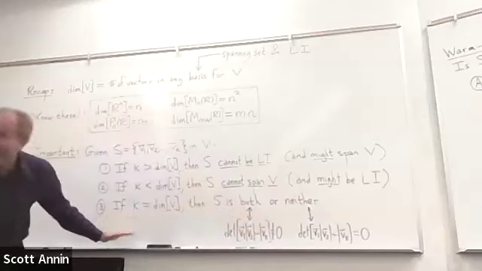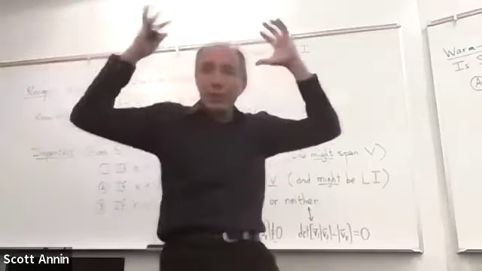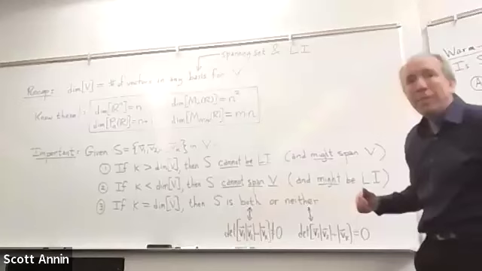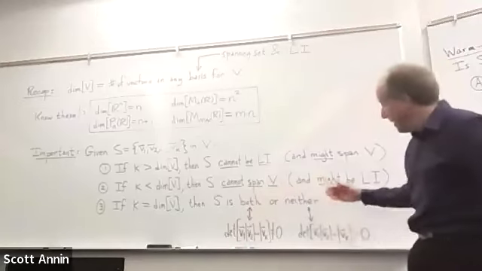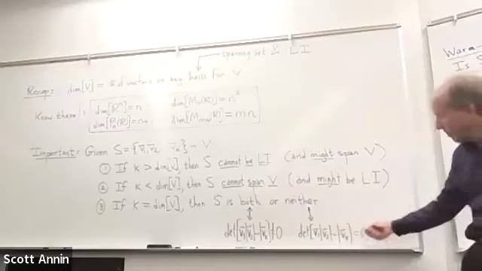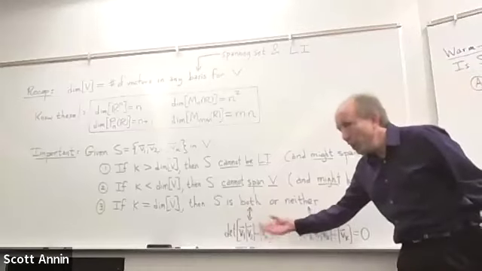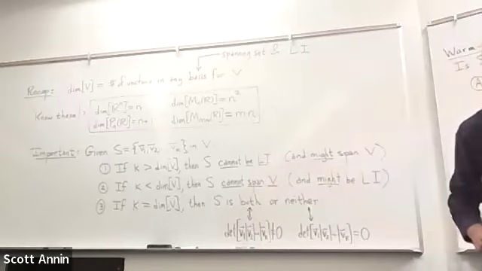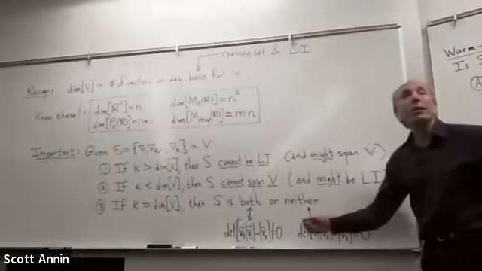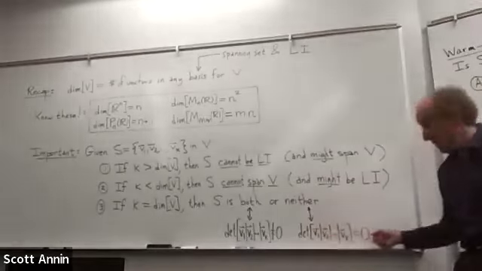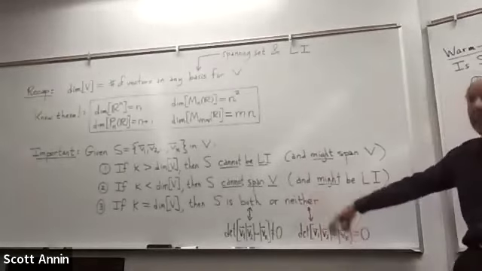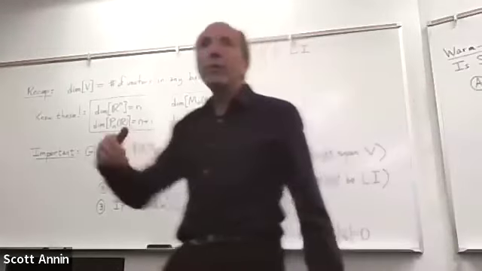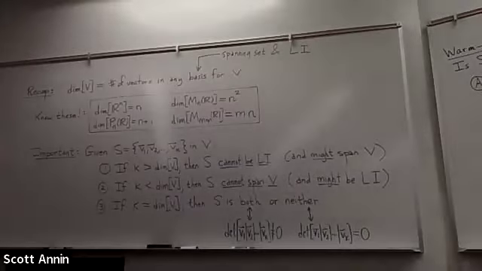In this third scenario, the matrix will be square, so we can take the determinant of it. To decide whether it's both or neither, it just comes down to whether that determinant is not zero, which remember is a good thing. That means the matrix is invertible, and that means that the set S will be a basis. Or it could be a really bad situation if the determinant is equal to zero. That means the matrix is not invertible, and that means this set is going to be neither LI nor a spanning set.